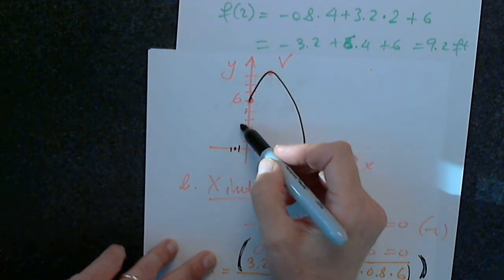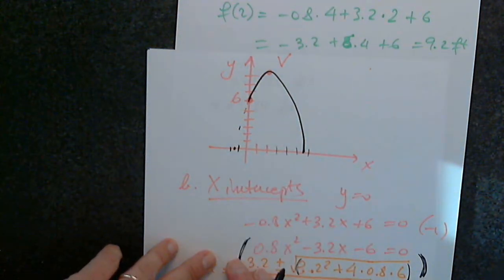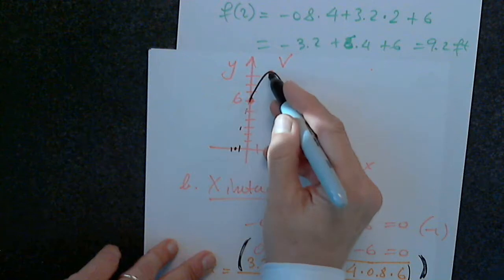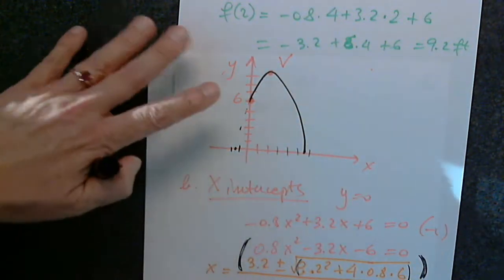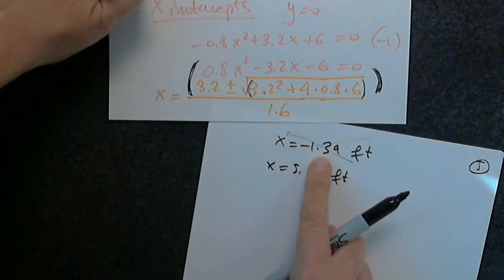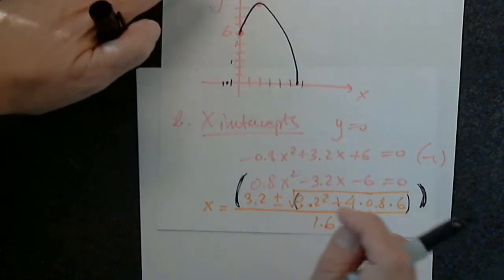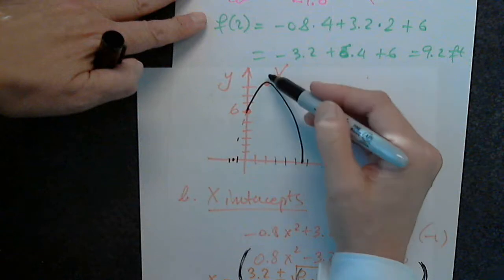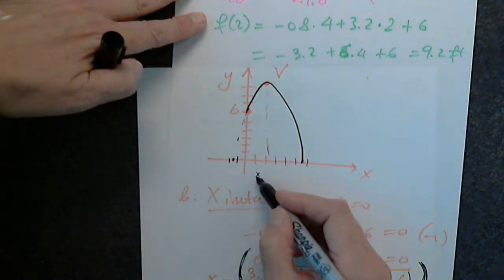If I were to continue, there is no need for that because x cannot be negative, but the function would have crossed the x-axis exactly at this point, negative 1.39 comma 0. Of course, if you want to be correct, you will graph the axis of symmetry, which is x equals 2.